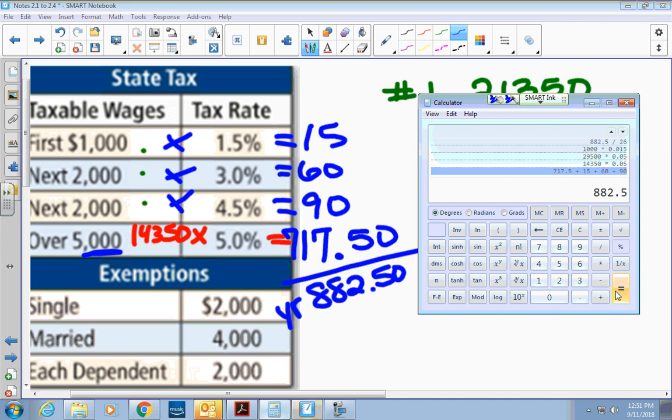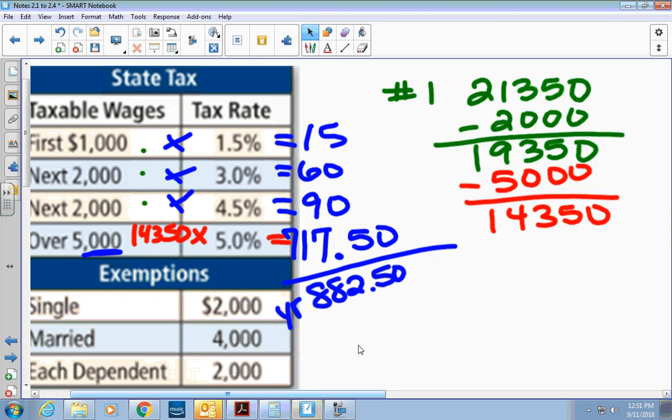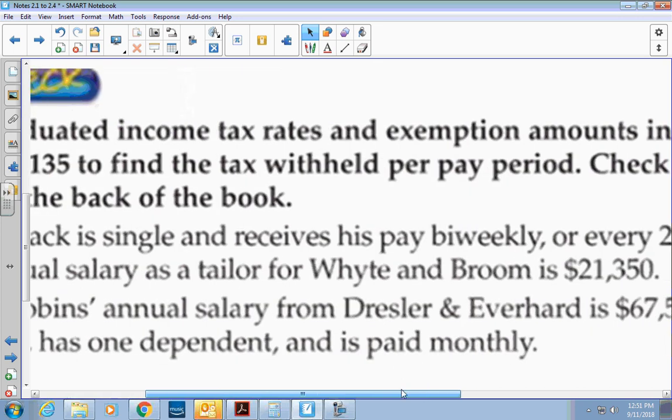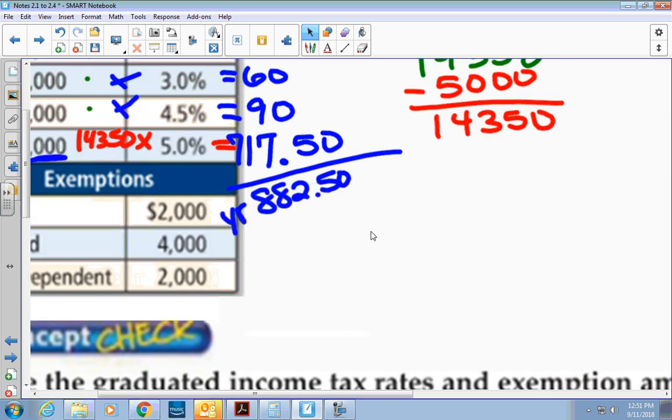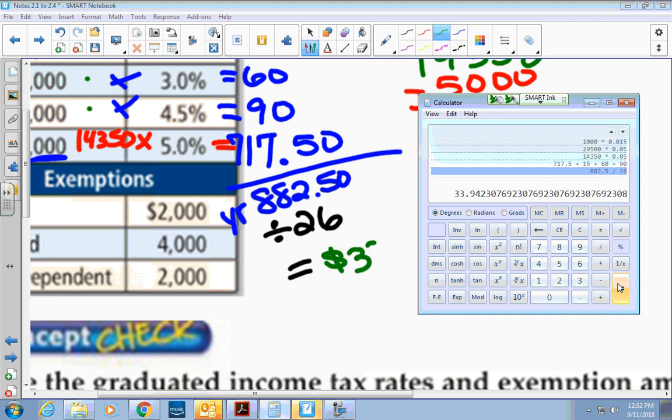So to get it for his pay period, we need to look, okay, what does he get for the pay period? He gets paid bi-weekly, so we need to divide by 26. So we're going to take his number and divide by 26. So $33.94 is what comes out of his paycheck.